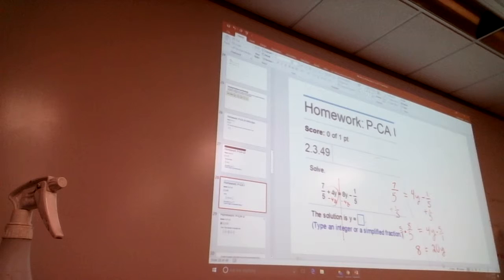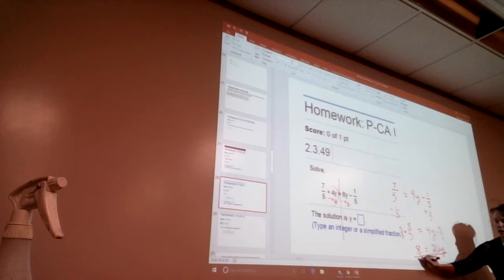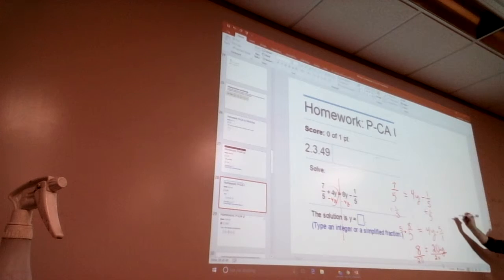Have I lost you? Okay, if I have. Then divide by 20 because I want to have the y alone, and right now it's 20 times y. So divide by 20 on each side. So I got y equals 8/20. But typing in that will get it wrong.